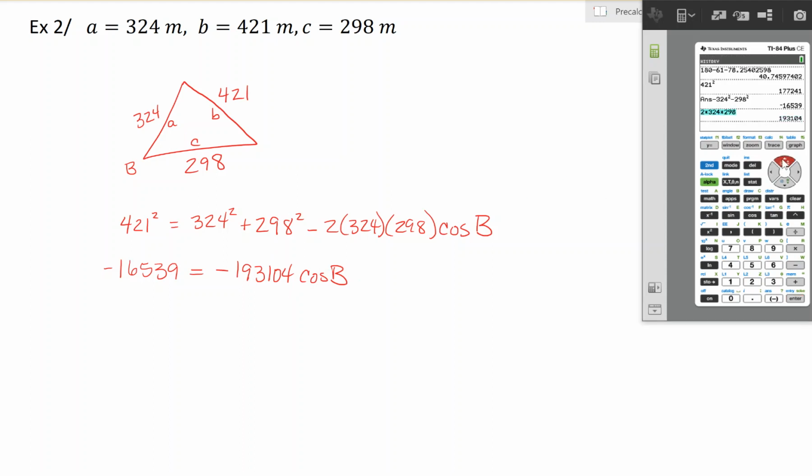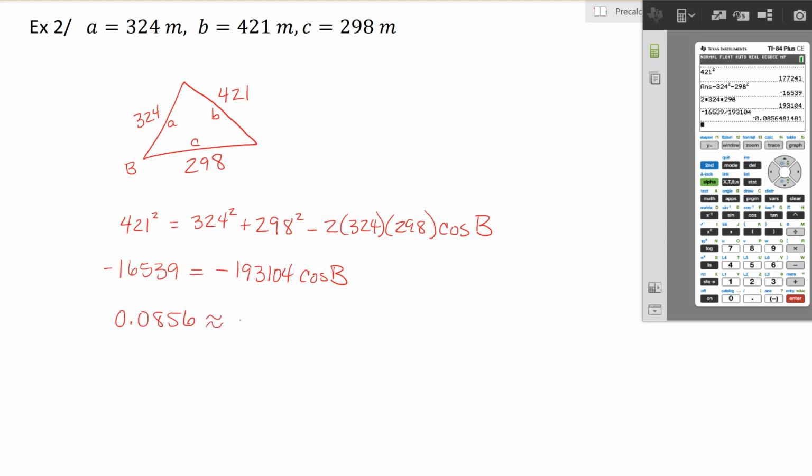So I'm going to take that negative 16,539 and divide it by this. Just remember it's negative, so your number should end up being positive 0.0856 and whatnot.